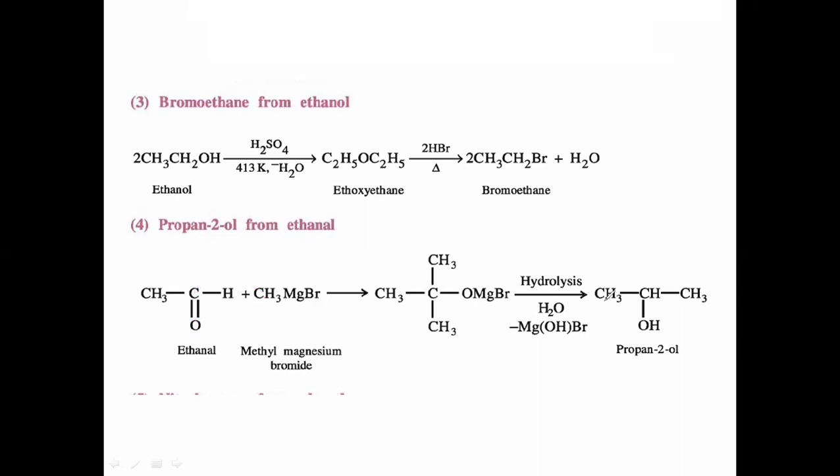From the hydrolysis, we are getting CH3CH(CH3)OH. The MgOHBr is replaced by the hydrogen. So it's propan-2-ol. So see here OMgBr, and this CH3 is attached over here, and this hydrogen will be the same. Okay, so understood the correction part.